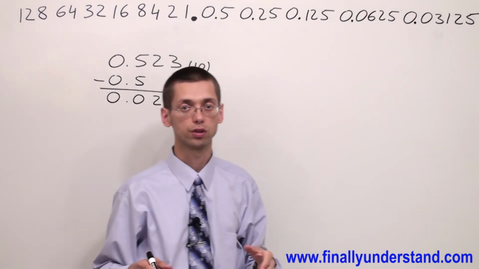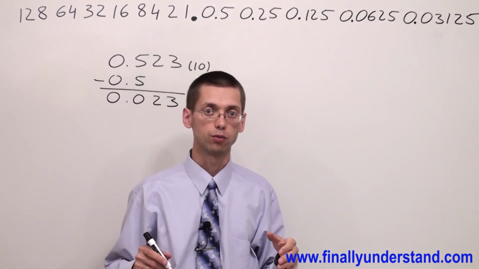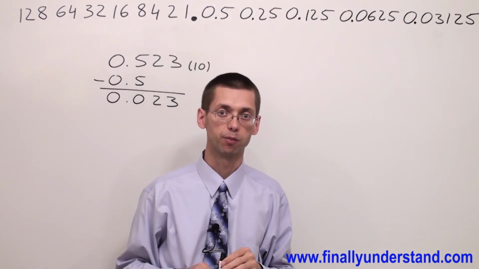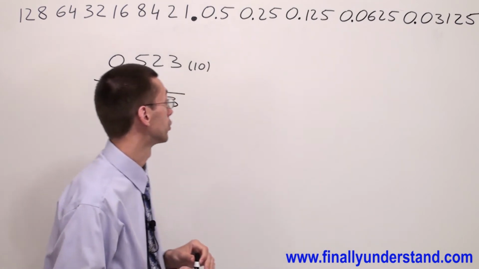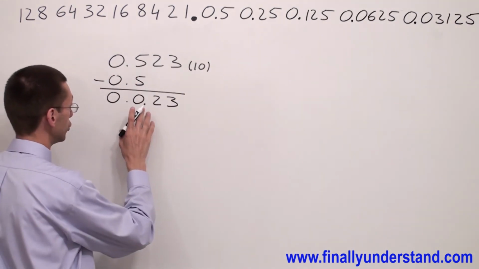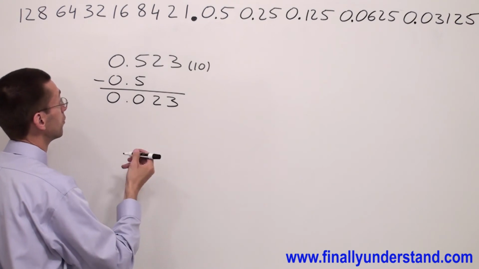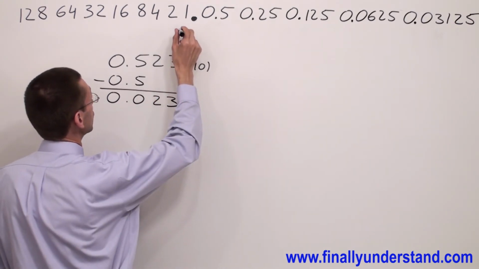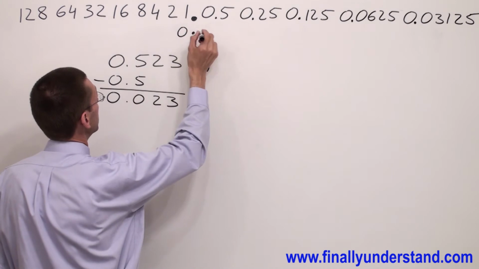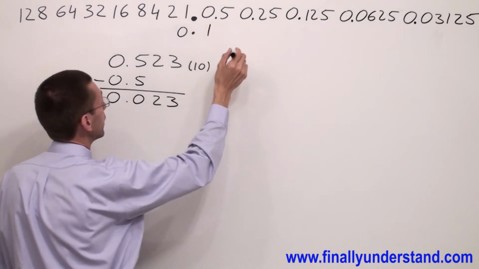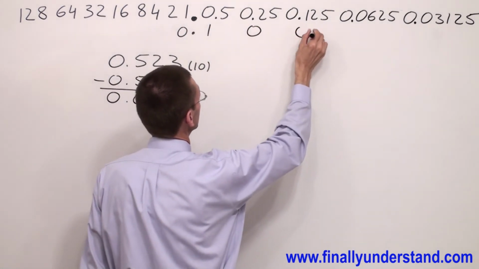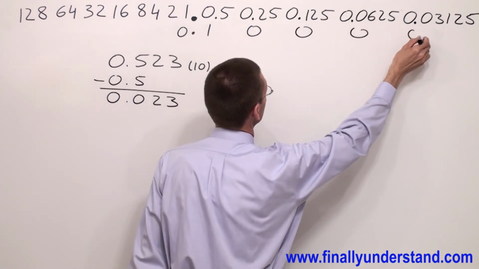We said that we want to keep the answer with 5 bits after the binary point. So I'm not going to perform subtraction anymore because I want to keep just 5 bits. So I'm going to simply write 0, binary point 1, and I have 0, 0, 0, 0.